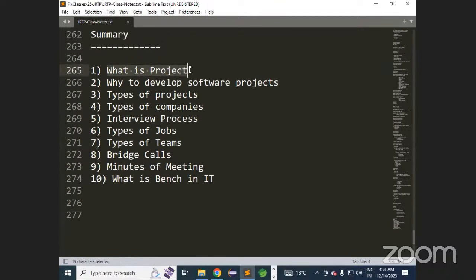What is a project? Can you tell me what is a project? Collection of programs is called a project. Why develop software projects? We are developing software projects in order to reduce human efforts. Any work that we are doing manually can be automated by using a software project.